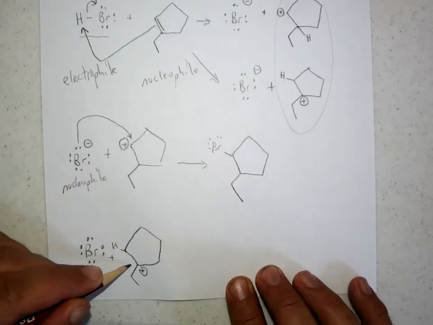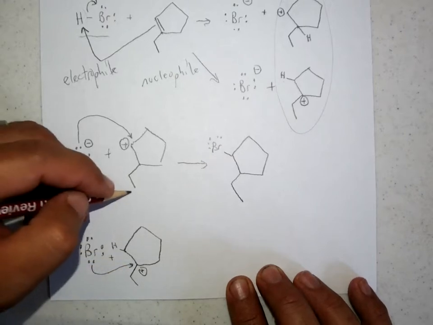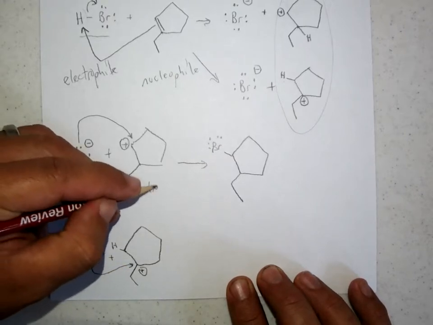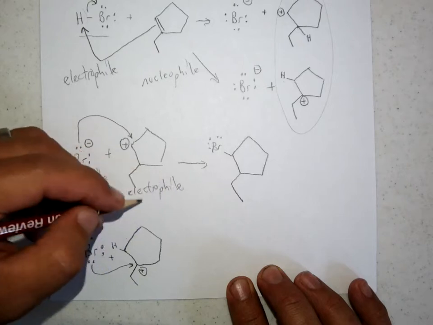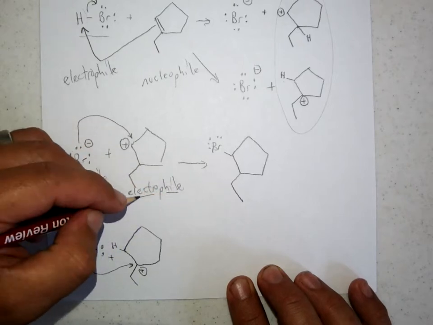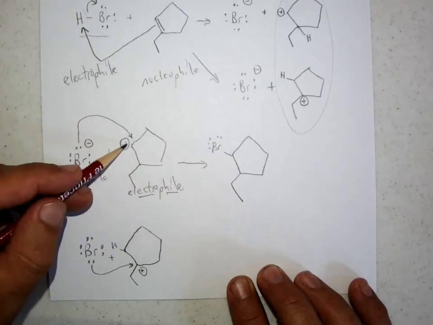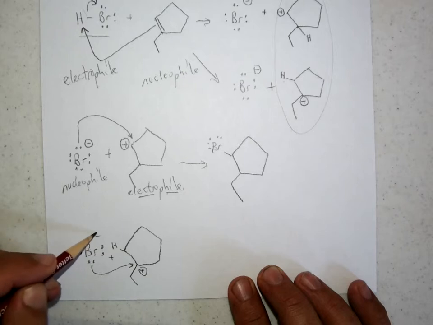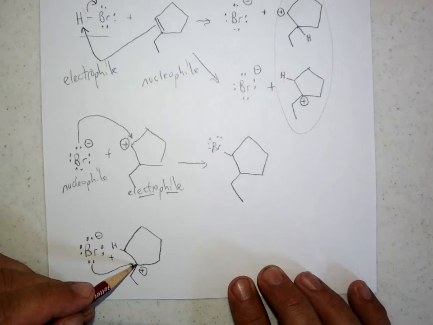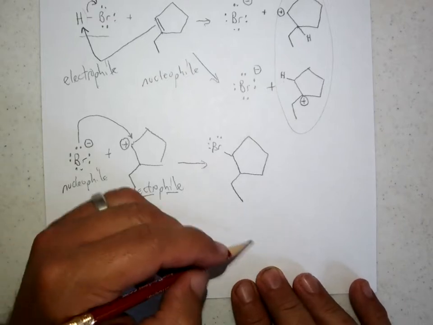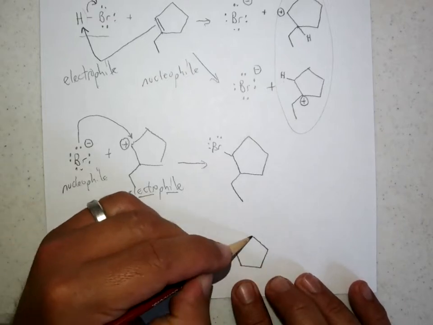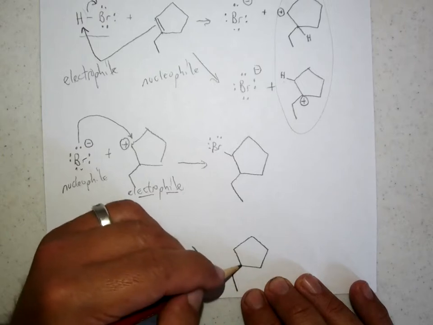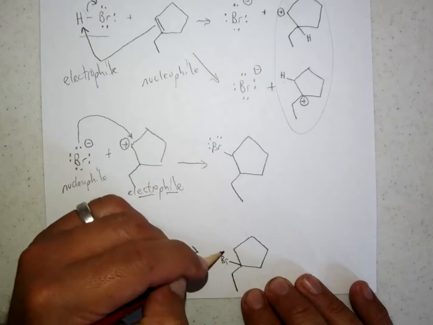The bromine is going to be the nucleophile, which makes the carbocation the electrophile. If you're positive, you like electrons, so electron-loving carbocation is going to grab the bromide. So the bromine lone pair becomes a bonding pair to connect to that carbon, and we end up with the addition product where the ethyl and the bromine end up on the same carbon.